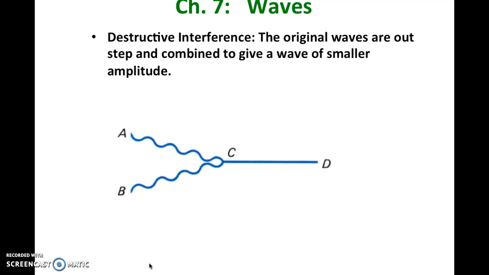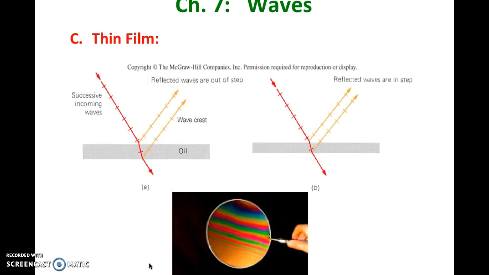Constructive interference makes the light brighter. Destructive interference makes the combination darker. Due to interference, a colorful pattern can be formed on a thin film when sunlight shines on it.